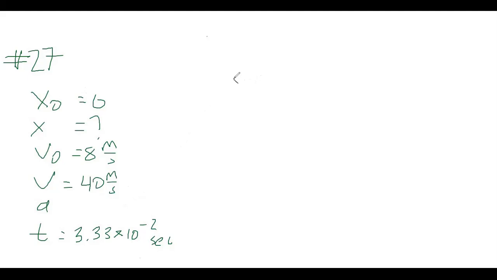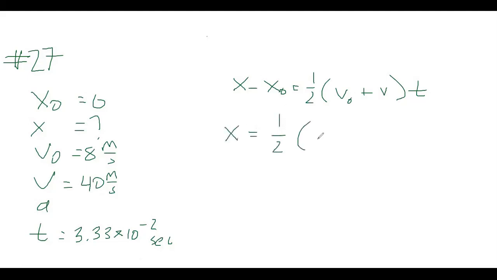So the formula that we choose: x minus x naught equals 1/2 times v naught plus v, times t. X equals 1/2 times 8 plus 40, times 3.33 times 10 to the minus 2.